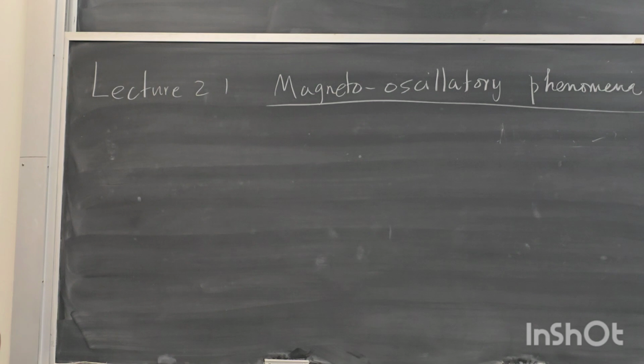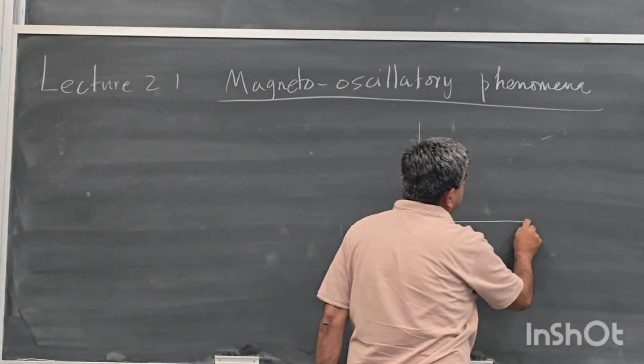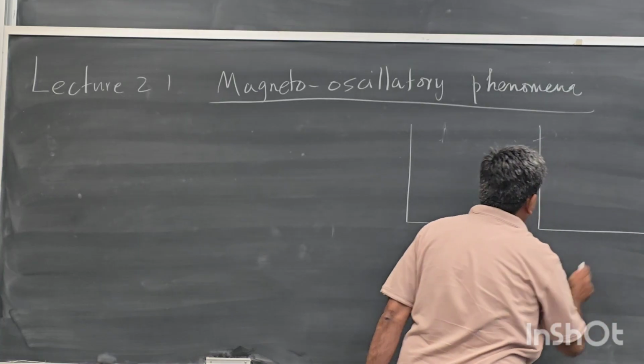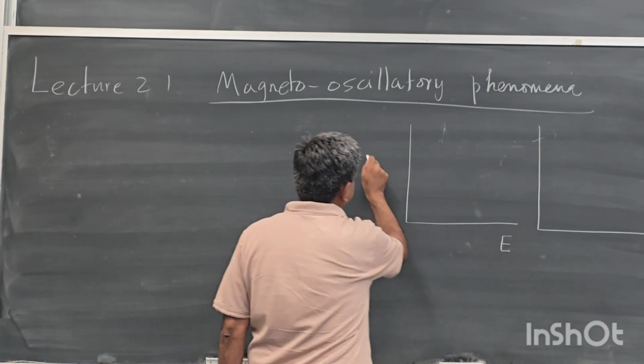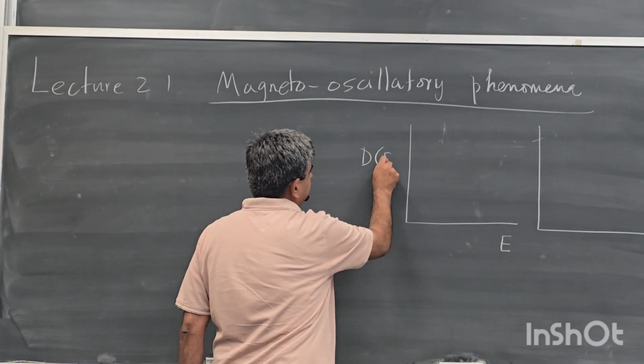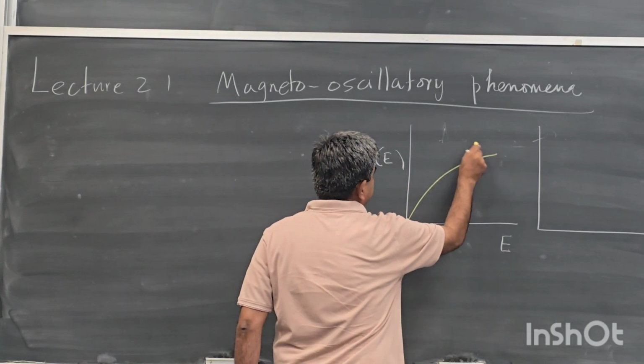So far we've looked at the density of states. In the absence of a magnetic field, the density of states, of course in 3D, follows this square root relationship.